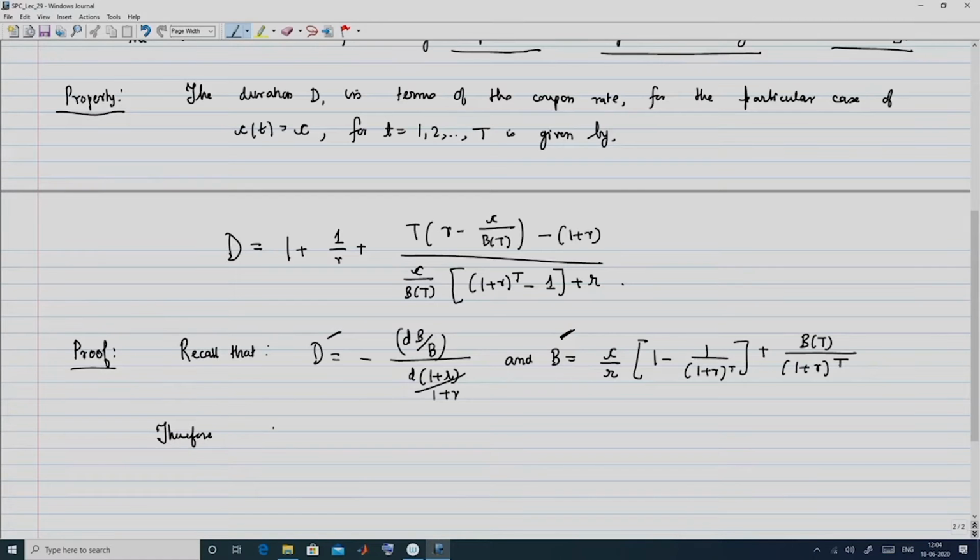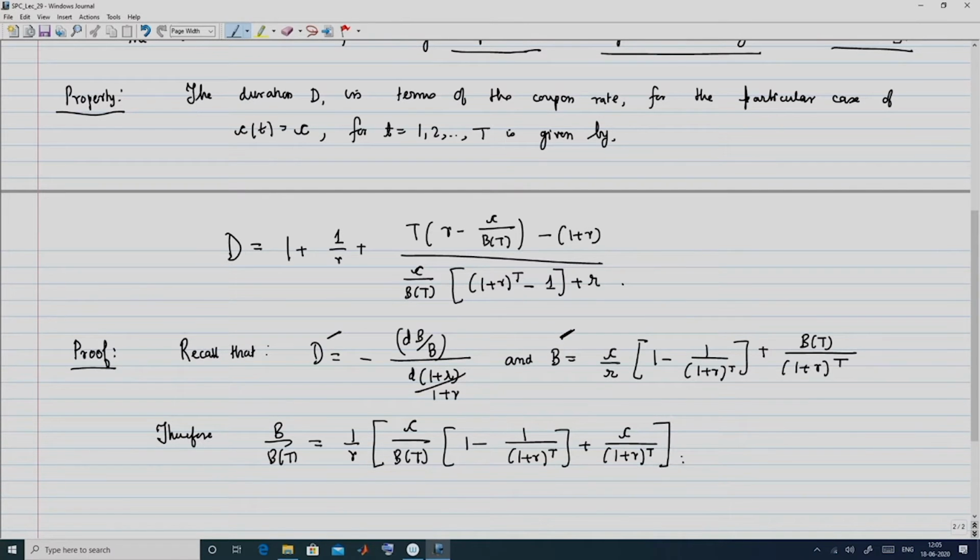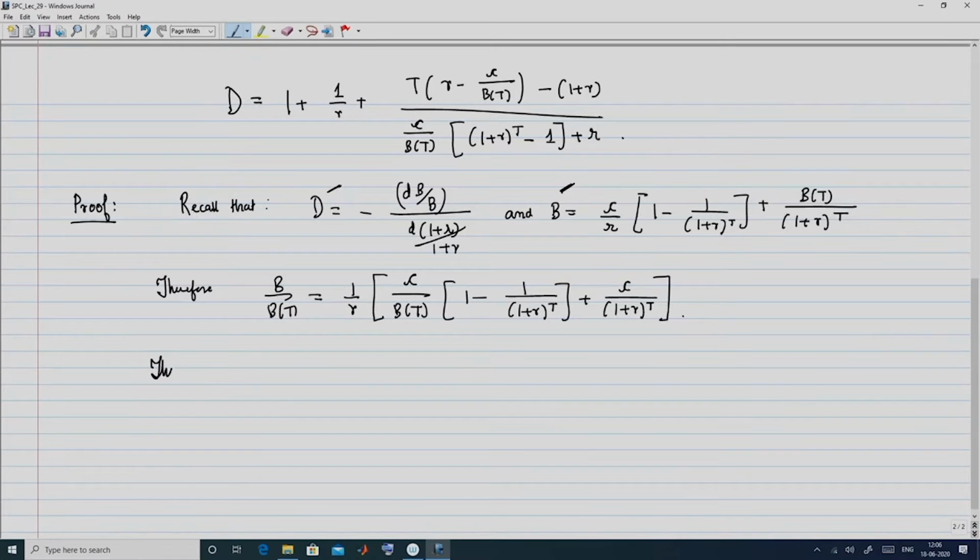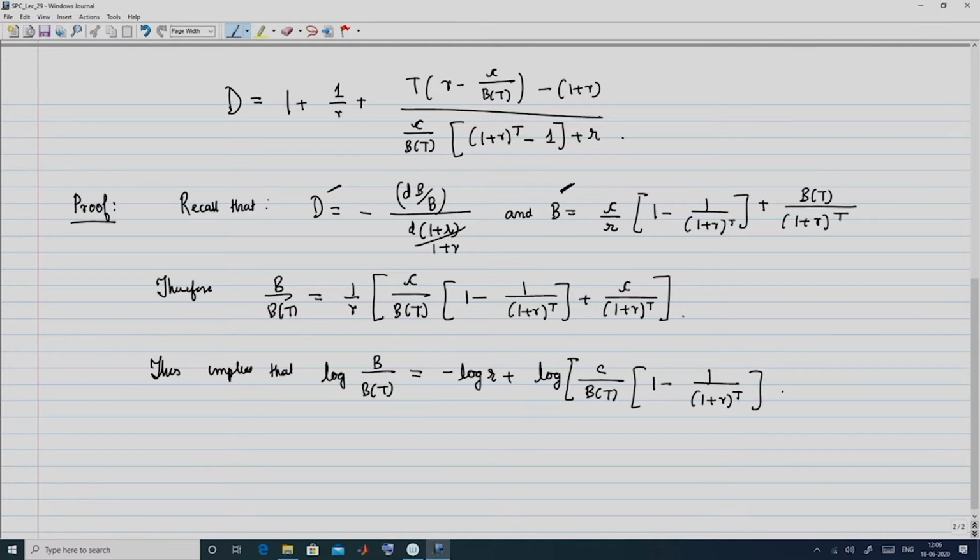Therefore, B over B of capital T is going to be equal to 1 over r within bracket c over B of capital T into (1 minus 1 over (1 plus r) raised to capital T) plus r over (1 plus r) raised to capital T. This implies that log of B over B of capital T is equal to minus log of r plus log of (c over B of capital T into (1 minus 1 over (1 plus r) raised to capital T) plus r over (1 plus r) raised to capital T).